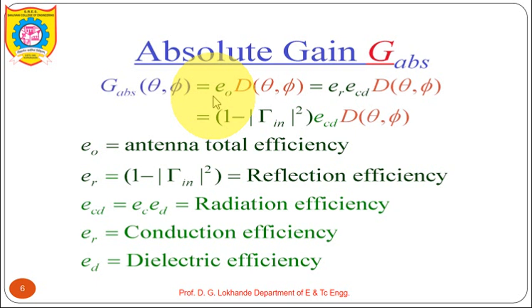Here E0 is the total antenna efficiency, which is related with the reflection efficiency E of R, and the radiation efficiency ECD, which is equal to EC into ED. EC is the conduction efficiency and ED is the dielectric efficiency. So here we try to calculate the radiation efficiency, and from that we calculate the reflection efficiency.